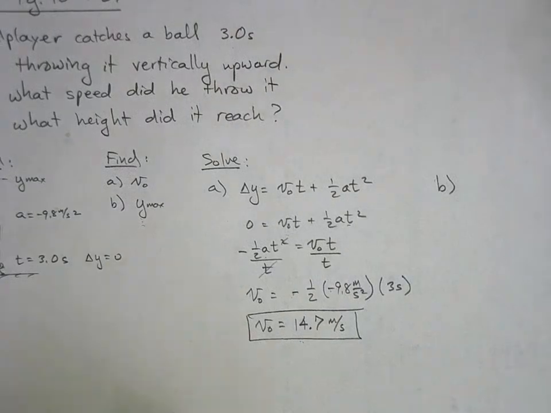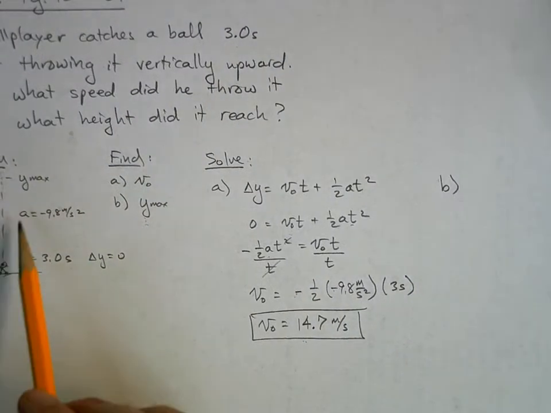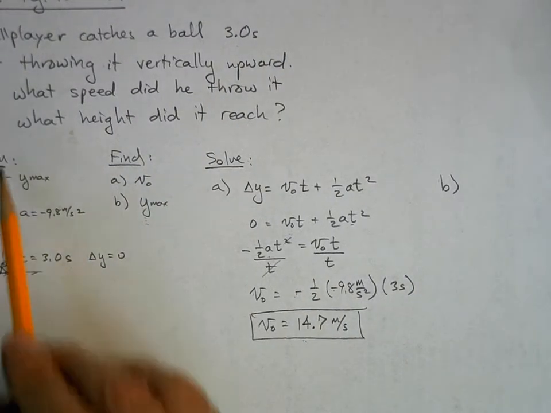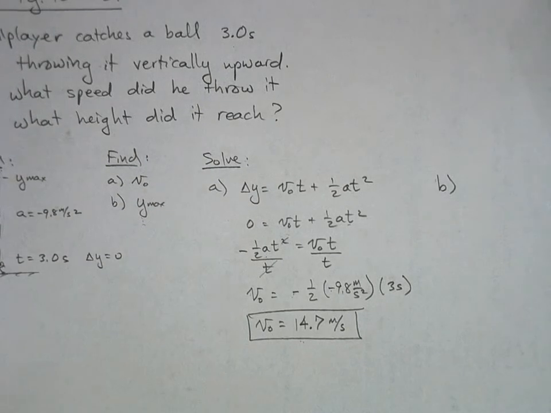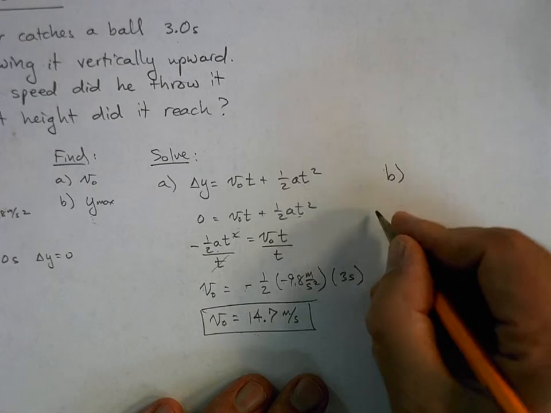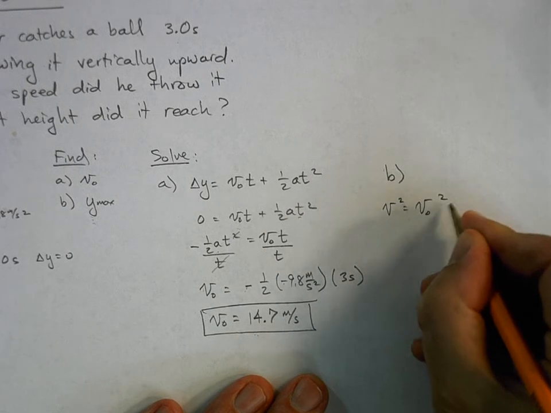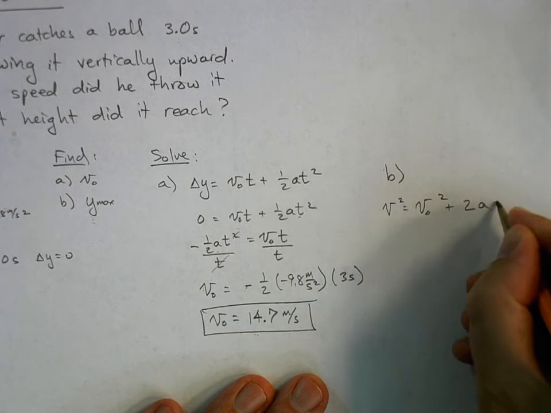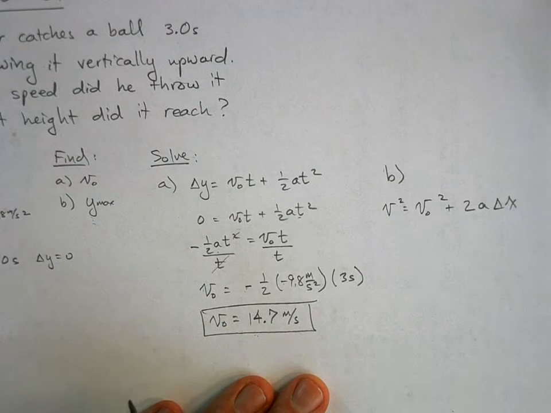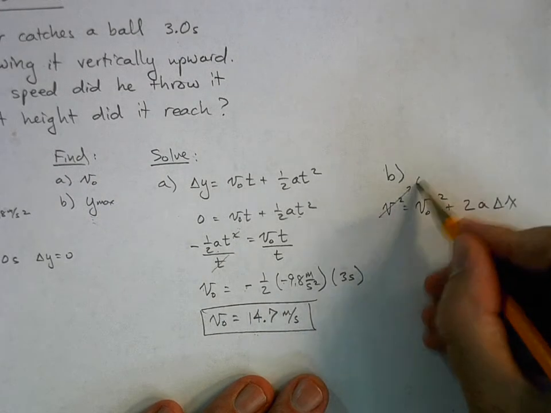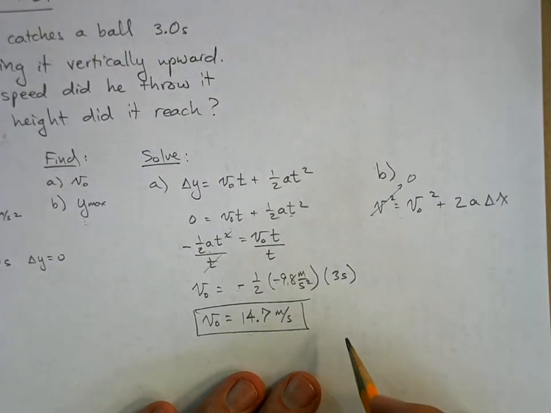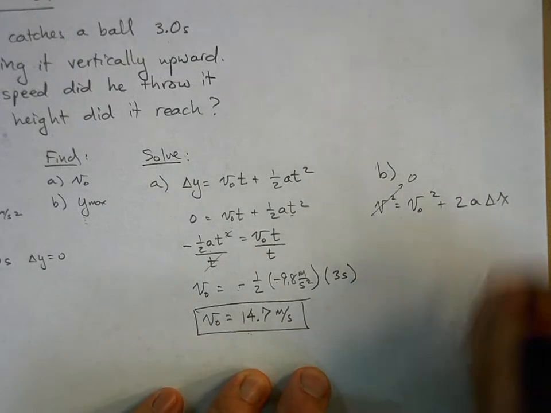We know the initial velocity, the final velocity, and the acceleration, and we're looking for delta y max. I'm going to use the fourth kinematic equation to do that. And this is 0. And, oh, I'm going to use delta y.